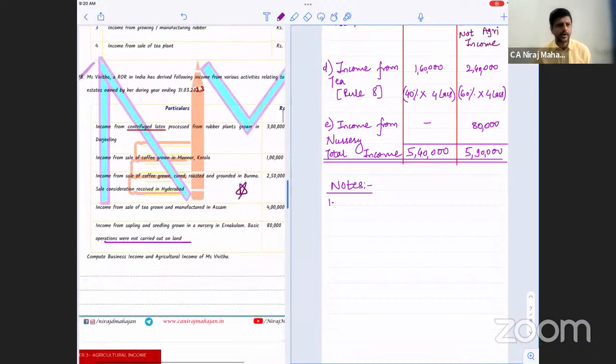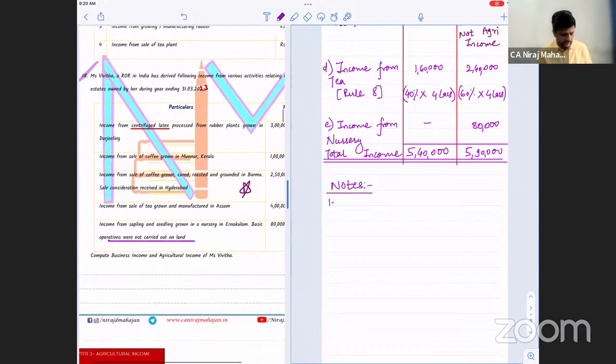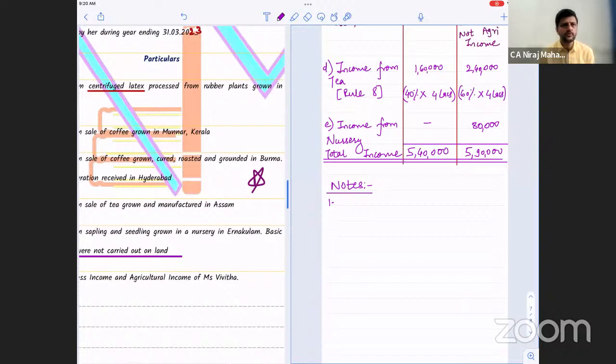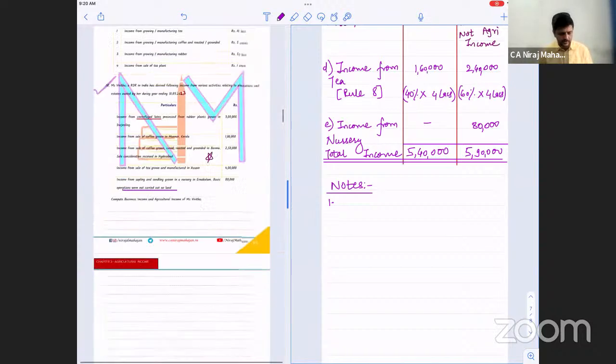Now, this is the name of the product, processed from rubber plants. So if I use the words sale of tire, it is the same thing only. They will say yes, tire is obviously manufactured from rubber plants. So ultimately, if I sell sugar also, the content is what? Agricultural produce. Okay.